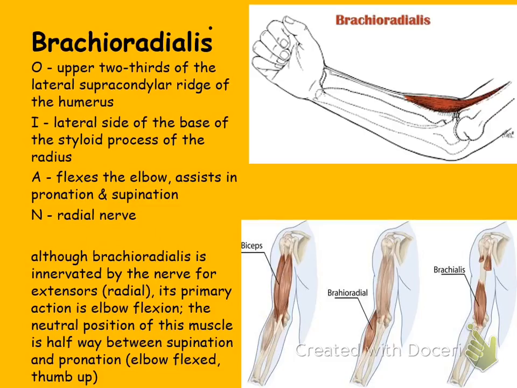These are all three that help to flex the arm. This one is a smaller muscle. It originates on the upper two-thirds of the supracondylar ridge on the humerus and the lateral base of the styloid process of the radius. So it goes all the way down to the bottom.